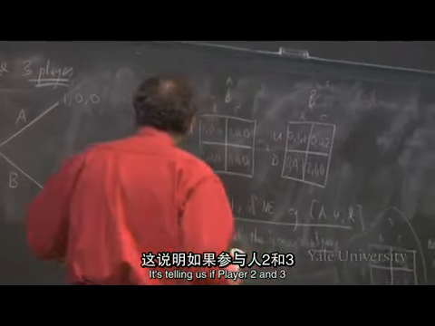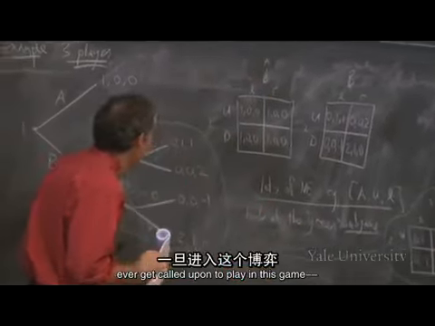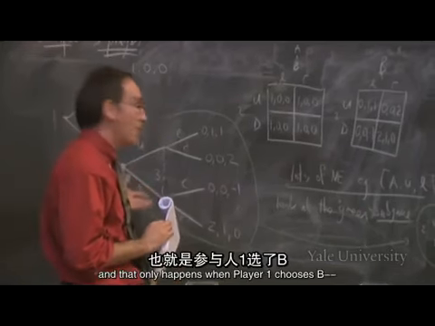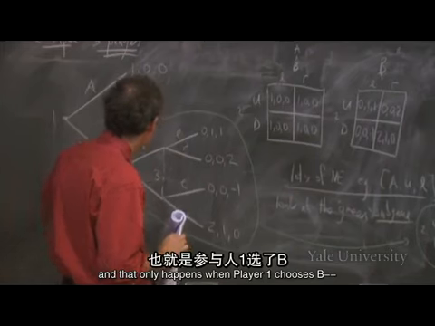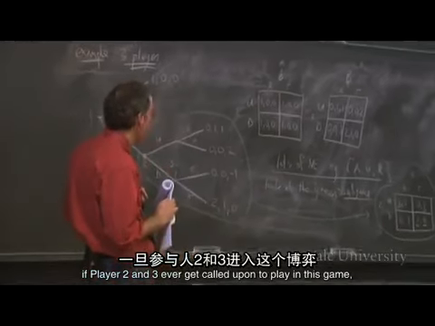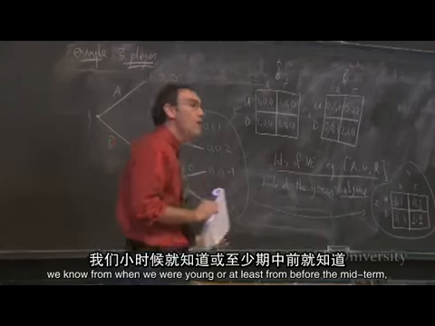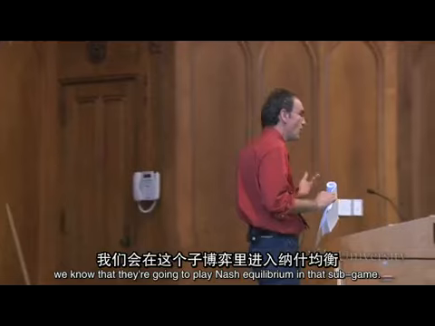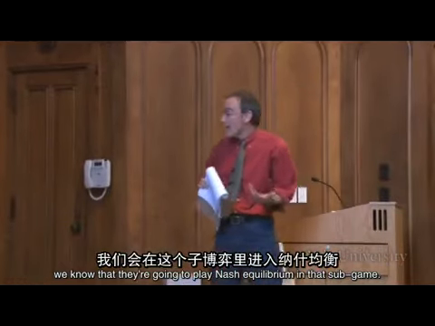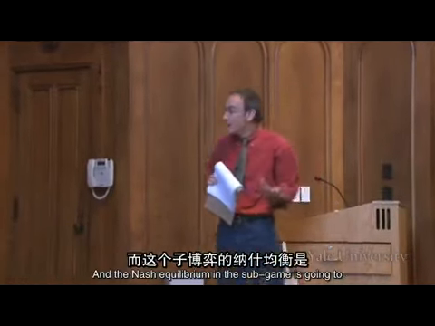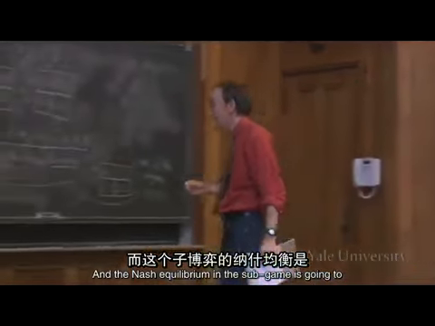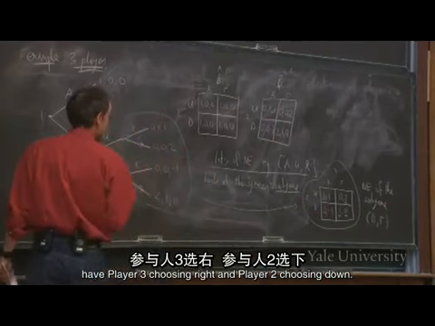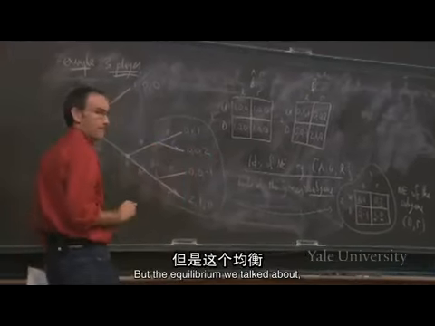It's telling us if player 2 and 3 ever get called upon to play in this game, and that only happens when player 1 chooses B, we know from before the midterm that they're going to play the Nash equilibrium in that subgame, which has player 3 choosing right and player 2 choosing down.